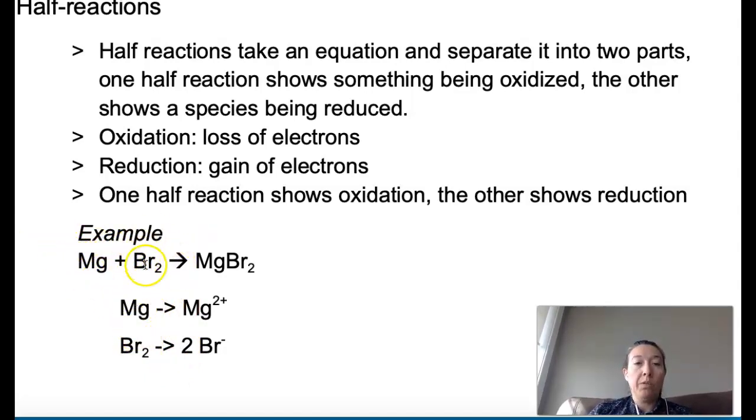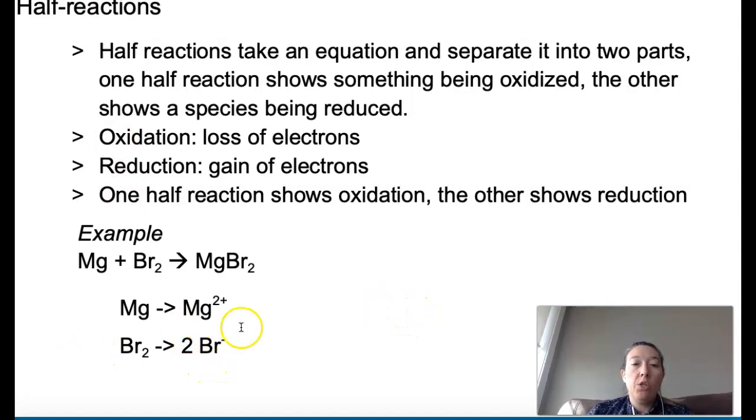The Br2 that was on the reactant side is still on the reactant side. They're just in two separate things. We then looked at magnesium bromide. We recognize that this is an ionic compound, which means really it consists of magnesium ions, which is why we put Mg2+ in this equation, and two bromide ions, which is why we put 2Br- in this equation.